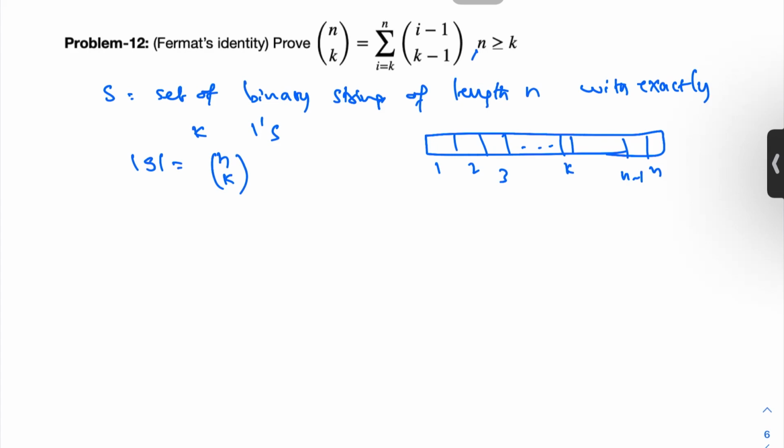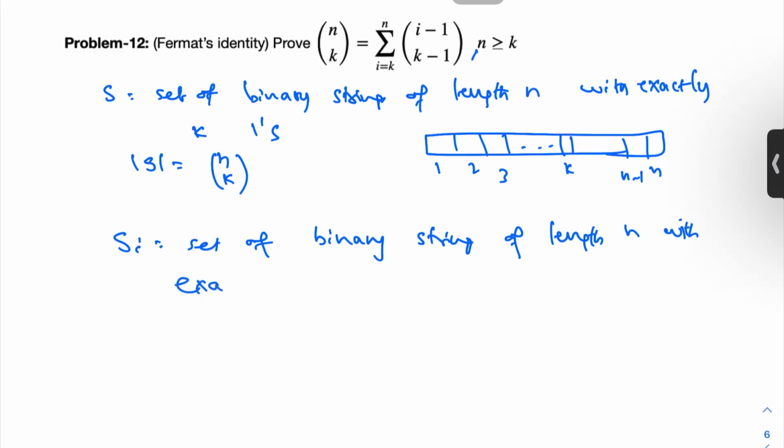Let us say Si is the set of all binary strings of length n with exactly k ones, where the last one occurs at position i.